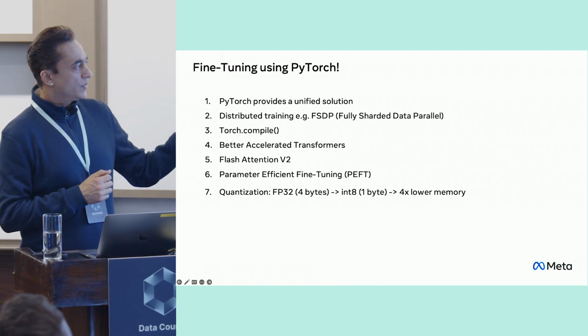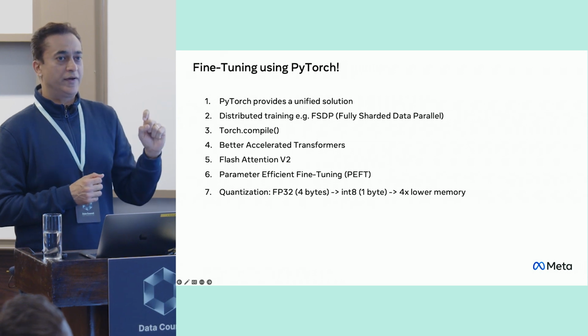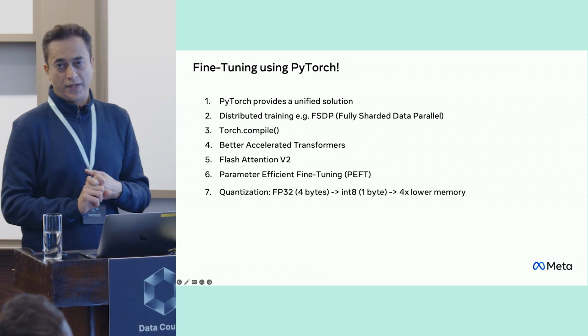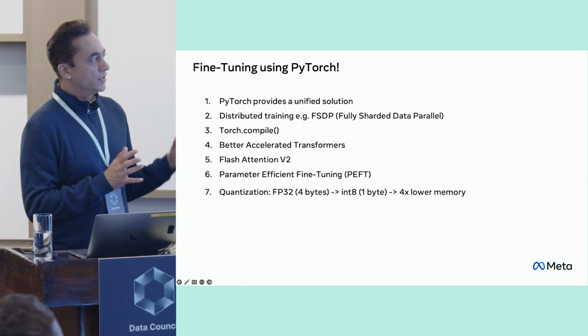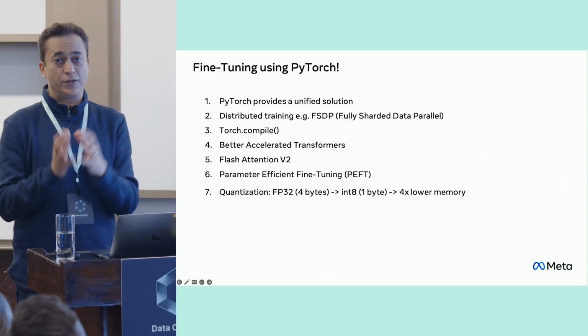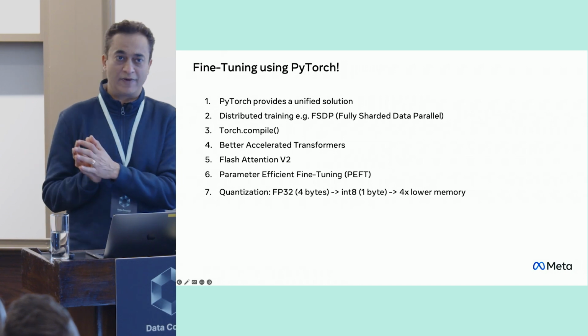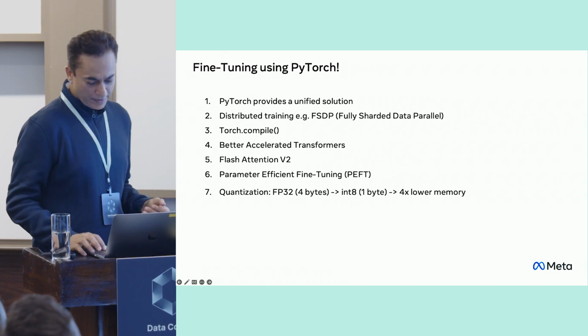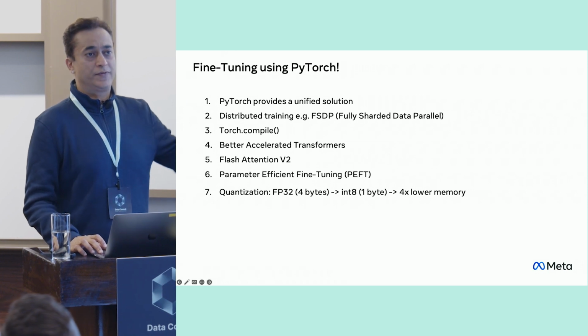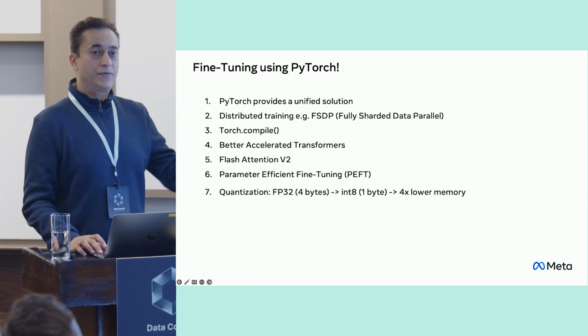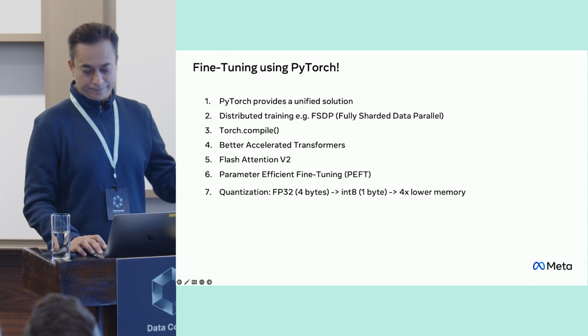There are multiple ways you can lower the footprint of the model. One is quantization. Another is distillation as well. These are different algorithms on how to reduce the footprint so that you can use it on edge devices, mobile devices as well. And PyTorch, along with Hugging Face and a bunch of others, provides out-of-box libraries to do that.